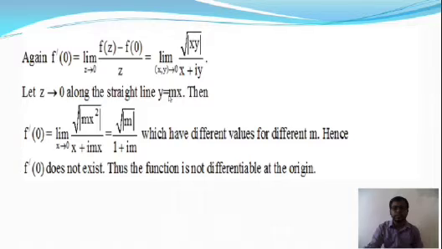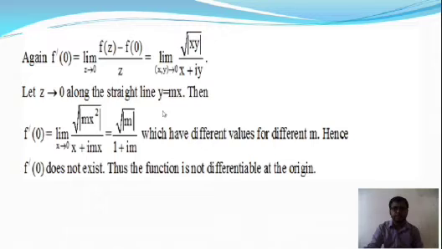What is the existence of a function f of z? The existence of f is decided as follows: I can choose two different paths, C1 and C2. I have already mentioned in lecture 1 that these two paths can be either a curve or a straight line. If for two different paths the limiting values are different, then I will say this function does not exist.